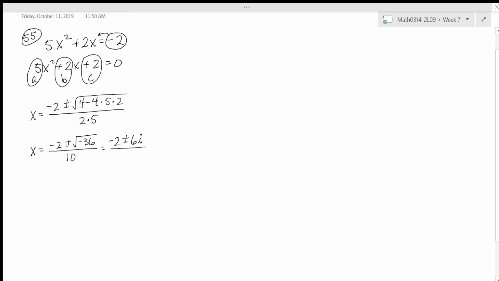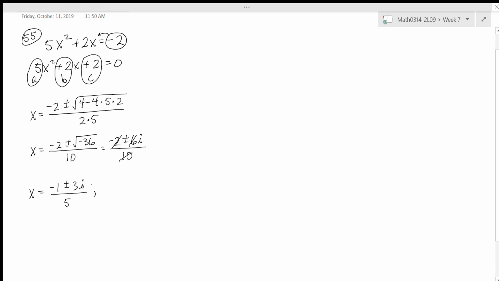Gives me an I, all over 10. And now, does 2, 6, and 10 reduce? What goes into all 3 of those? 2 does. So the final answer is going to be negative 1 plus or minus 3I over 5.